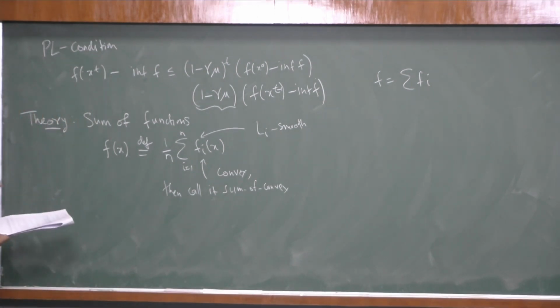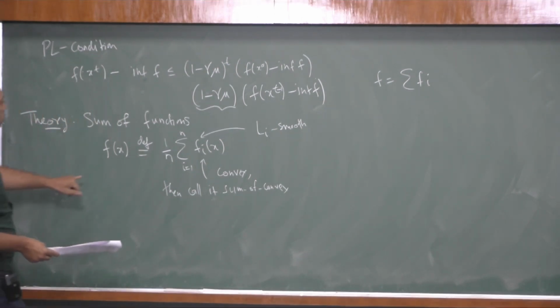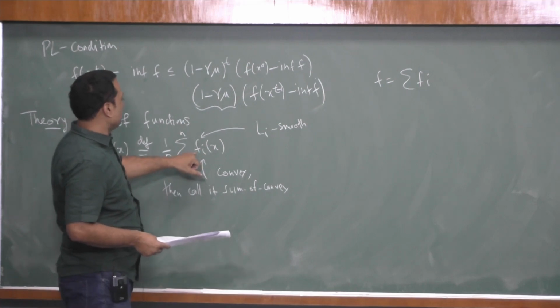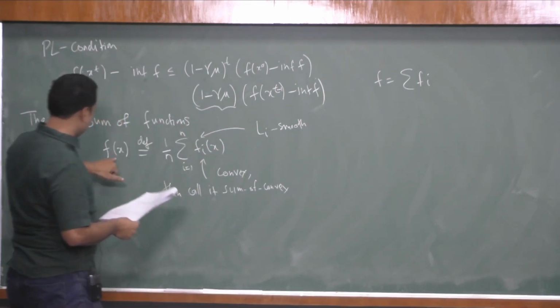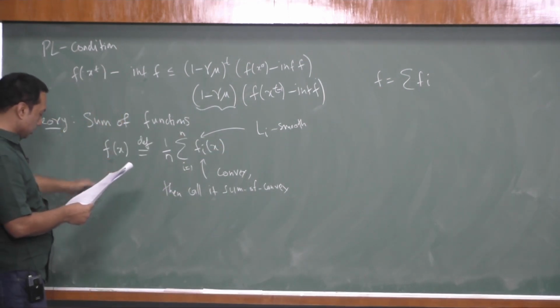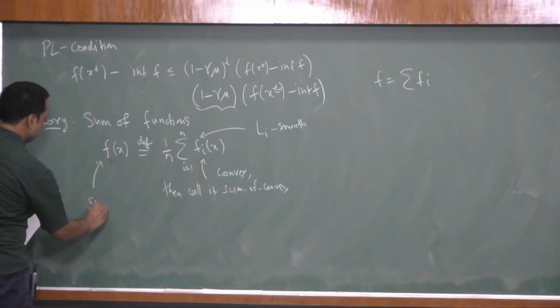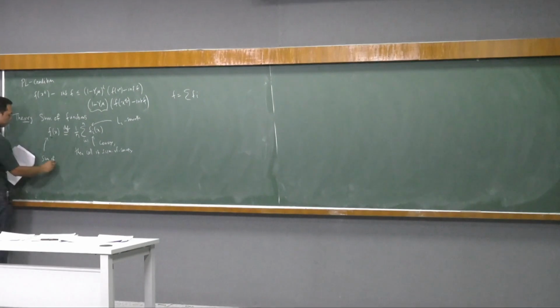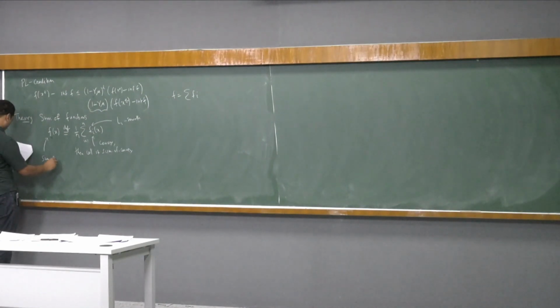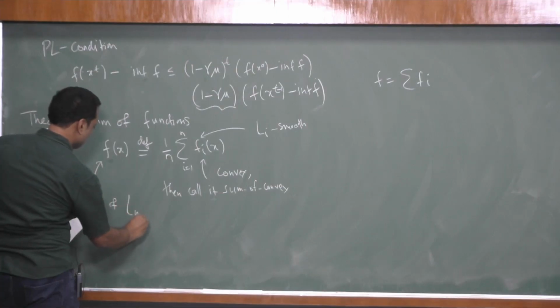Then we can define L max smoothness also by taking a max of the L_i. So overall, this will become a sum of L max smooth functions. We proved this in the last class; for detail you can see there.